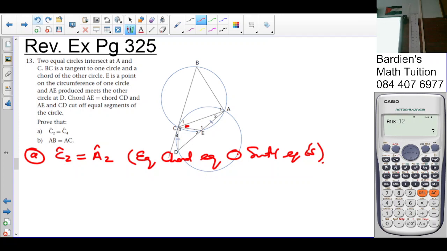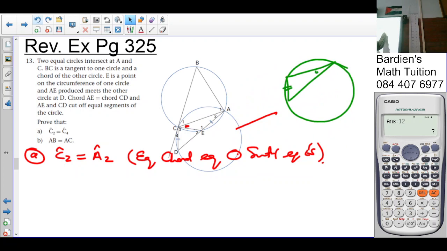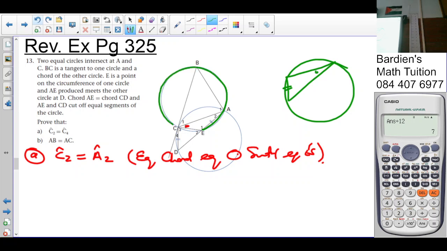You see here, you got this circle. There's your one circle, and here's your other. And there's this angle.